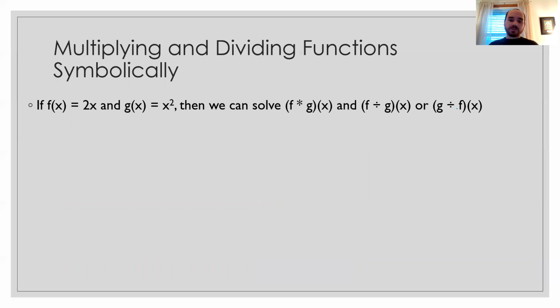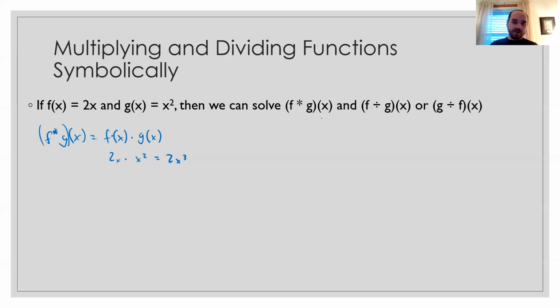But we can also solve these for these functions here. In this case, symbolically, we've got f times g of x. That's equal to, here, let's do this, f times star g of x is equal to f of x times g of x. So in this case, we have 2x times x squared, which is equal to 2x cubed.